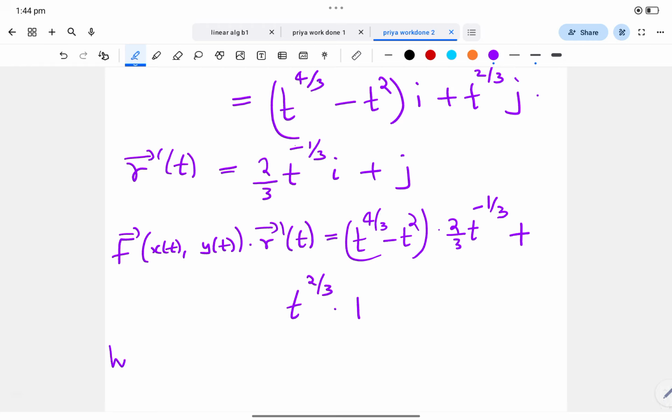So our work done is the line integral over C of F · dr. This is computed by the formula: integral, t varying from −1 to 1, of F · r'(t) dt.